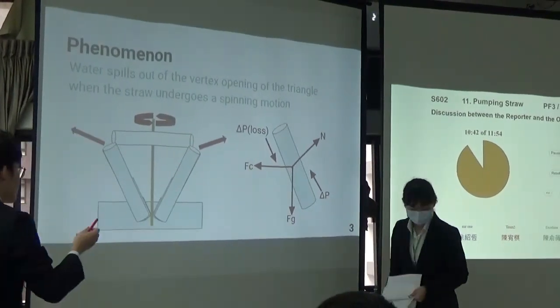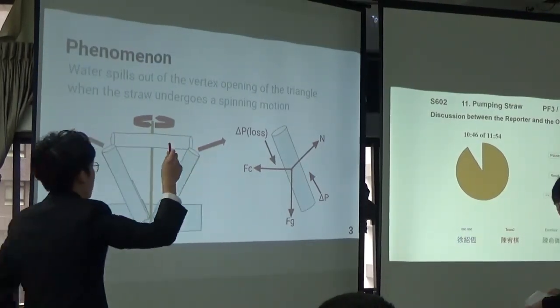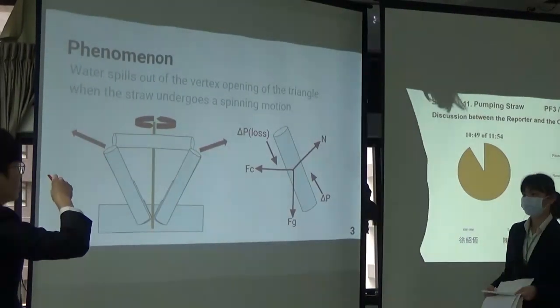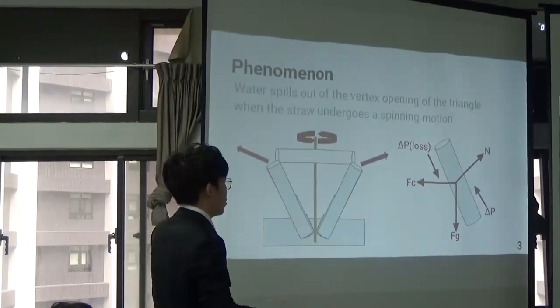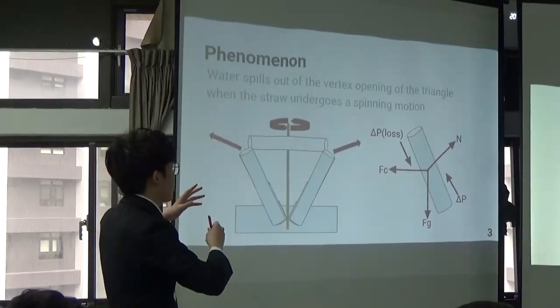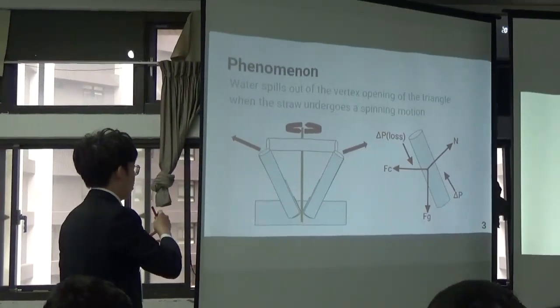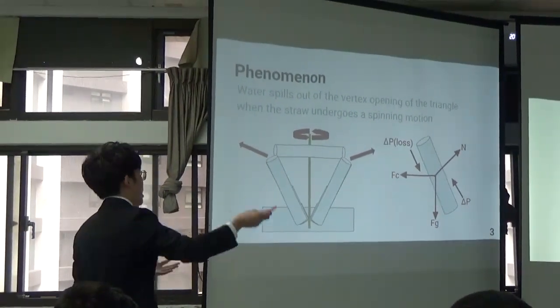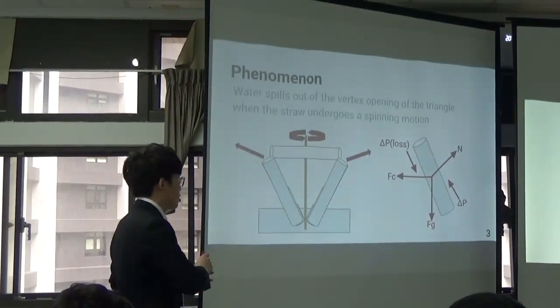Oh, so in this case, during the pumping motion, for most of the time, water fills the entire straw, and that's exactly where our pumping motion starts, right? Because water pumps out. Water has to fill the entire straw to get pumped out of the straw.